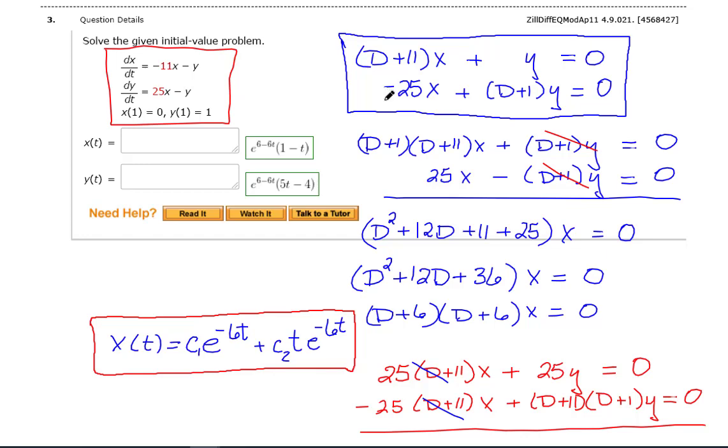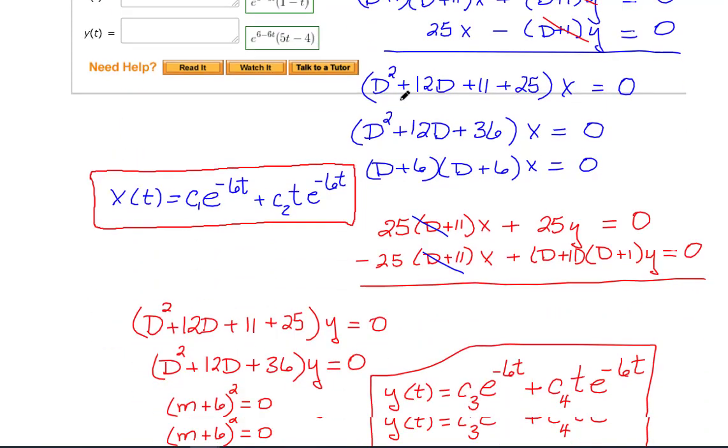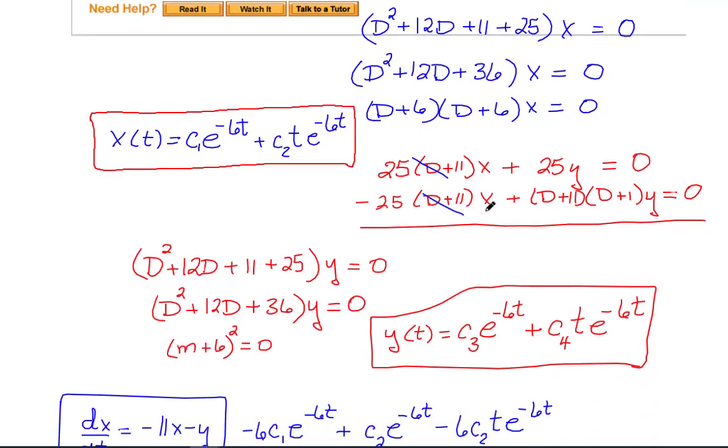So here's the d plus 11 multiplied by both, 25 times the first. So the x parts go away, and I get a similar situation of repeated roots for the second problem. So again, I get this problem of a C3 and a C4.